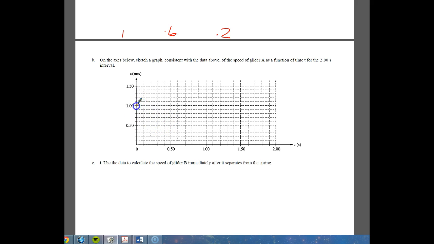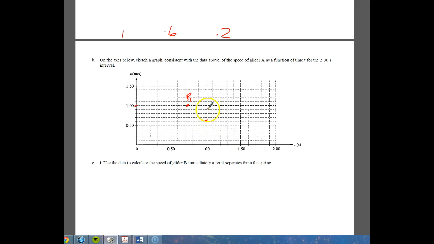So we're going to start at 1. We know that somewhere in this area we start, this is position 1. Position 2 is at 1 second, and we know that it's about 0.6.